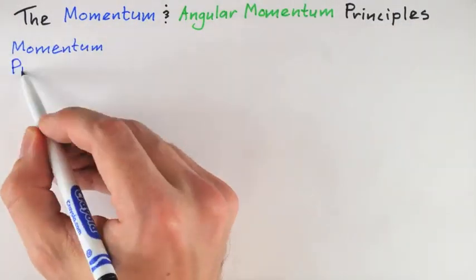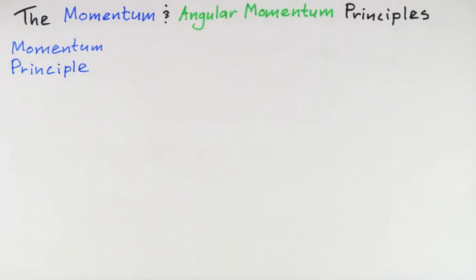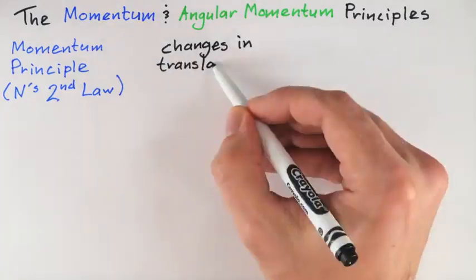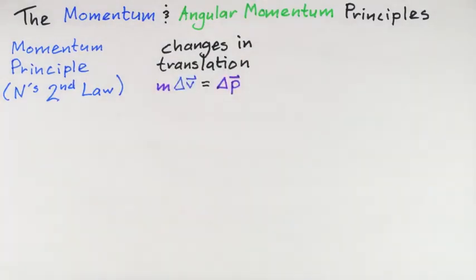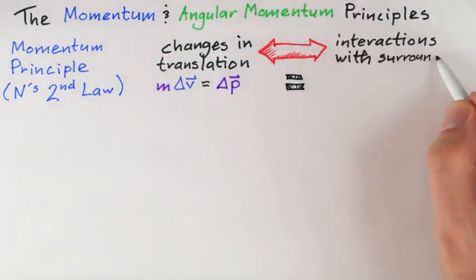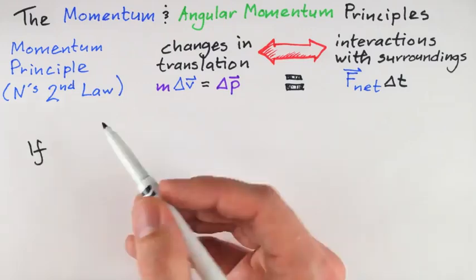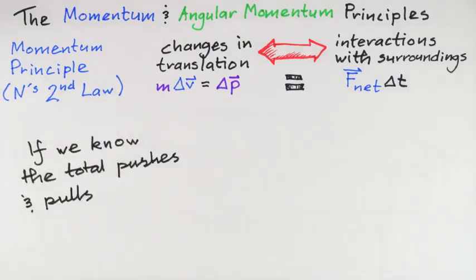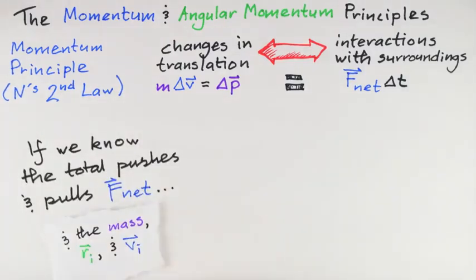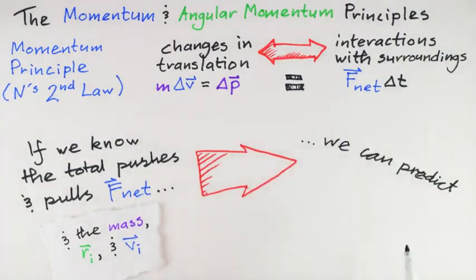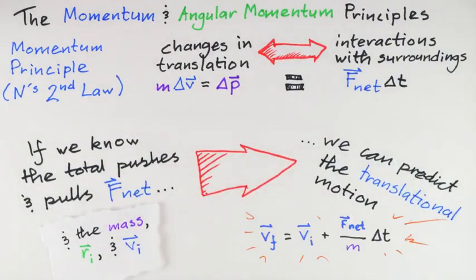Recall that the momentum principle, which for the types of translational motion we've studied is the same thing as Newton's second law, relates changes in the translational motion of our system to the interactions of the surroundings with our system. So, for example, if we're able to specify the total pushes and pulls, the net force exerted by the surroundings on the system, then we can use the momentum principle to predict the motion of our system.